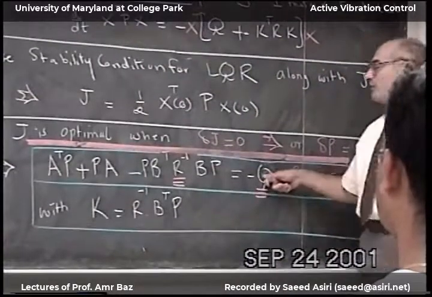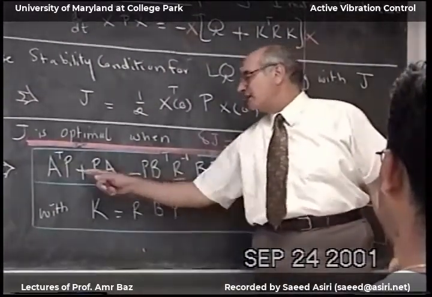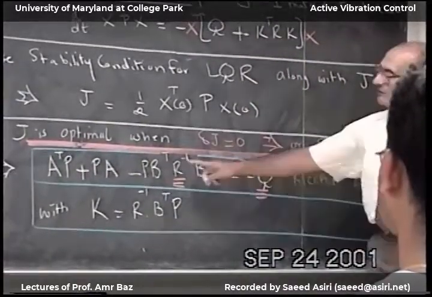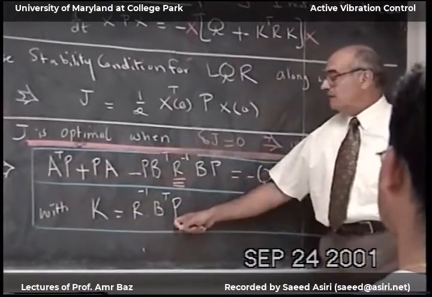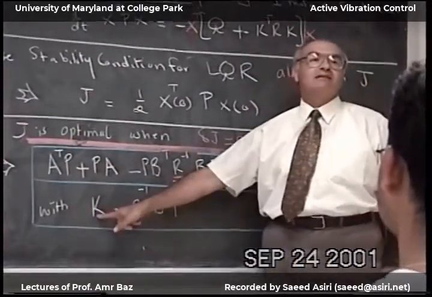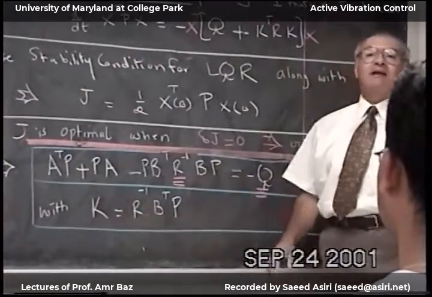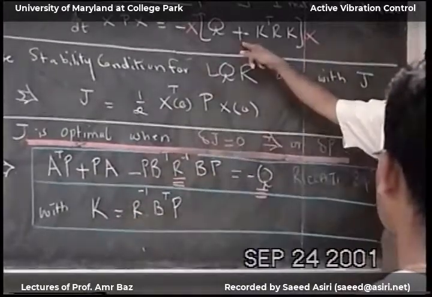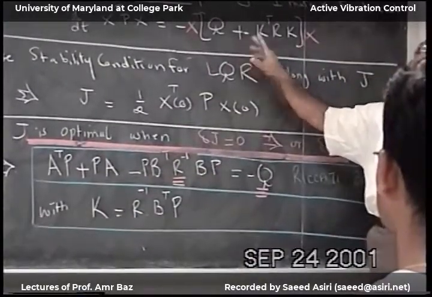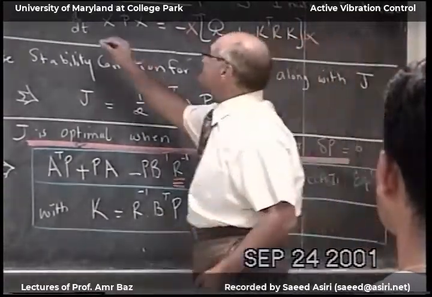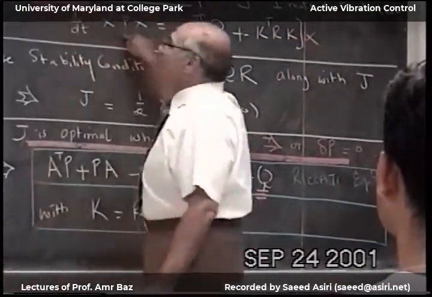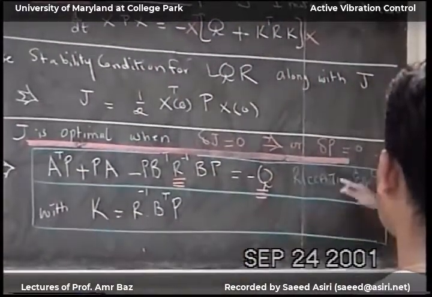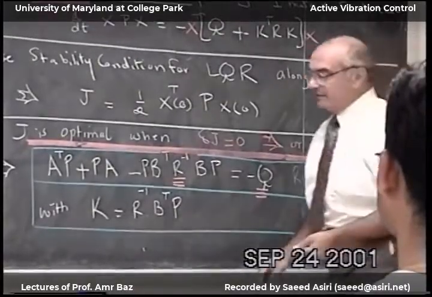So now we have the Q, the B, the R, and the A. The only unknown in this quadratic equation is the P. Solve for the P. Once we have the P, we multiply it times this, and we can calculate the gain K. Okay? The important thing is, whatever controller you get will always be stable. Blindly, it is a stable controller, because we used this condition to find the optimum condition for the controller. Okay? So this is one way of solving this.